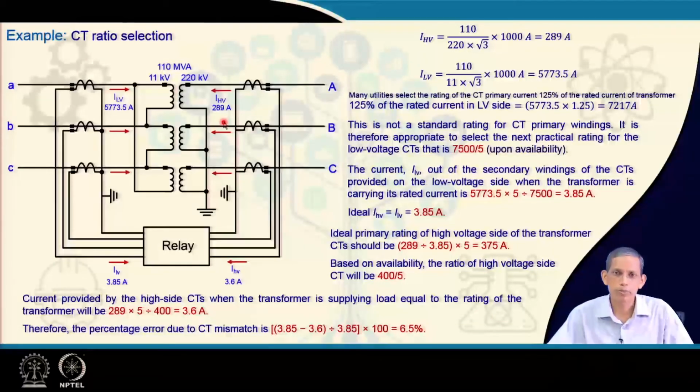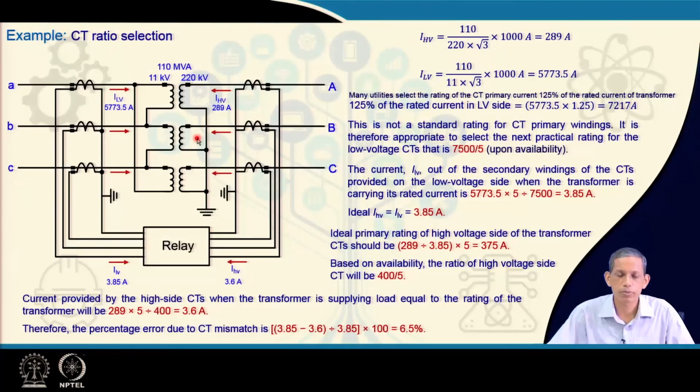Now, come to an example for a 3-phase transformer, as protection is usually applied with numerical relaying. So, you have an 11 kV to 220 kV transformer. The low voltage side is connected in delta, as you see here, and the high voltage side is connected in star.